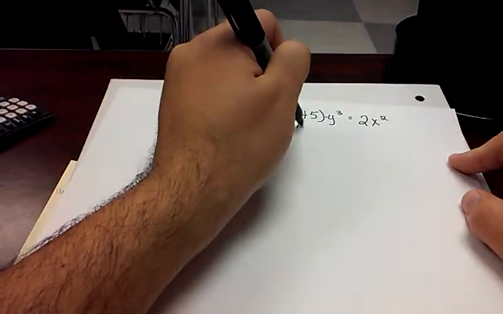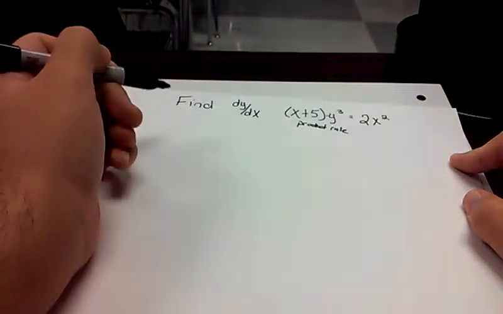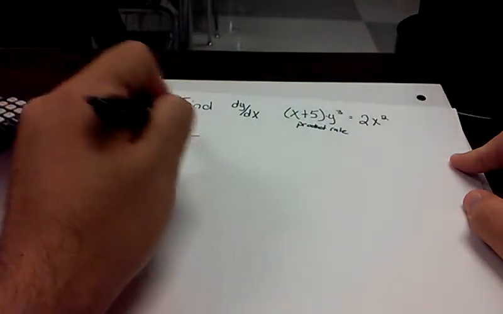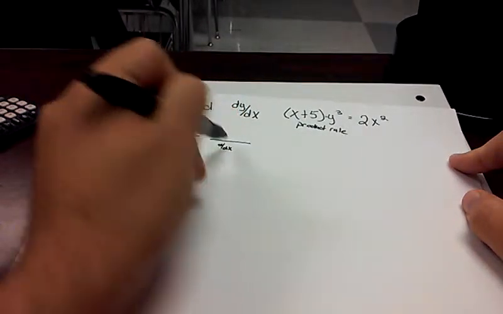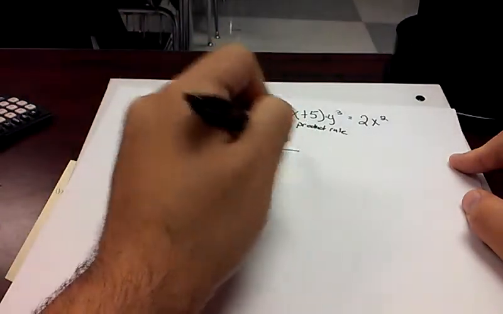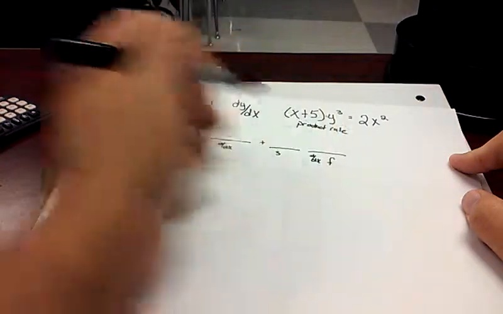So that means I'm going to have to use the product rule. So if you remember, the product rule is first times derivative of the second plus second times derivative of the first.